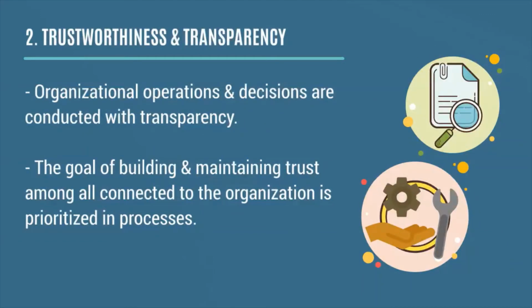Trustworthiness and transparency. Building and maintaining trust must be a priority in all processes within the organization. This will manifest in different ways depending on the sector. One way to increase trust can start with conducting operations and decision-making in a transparent manner.